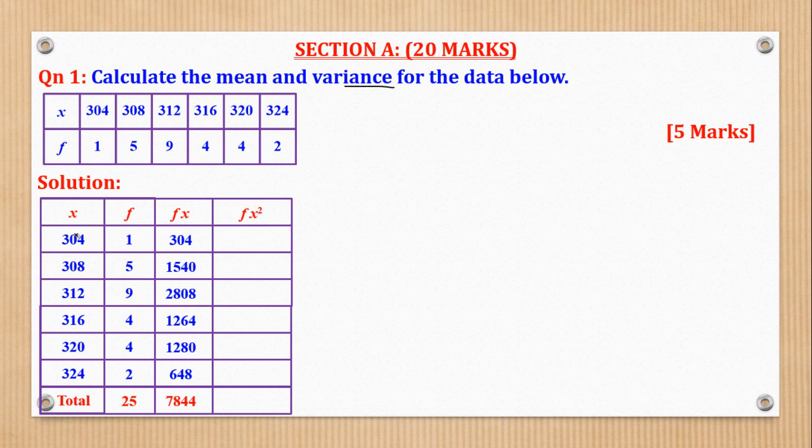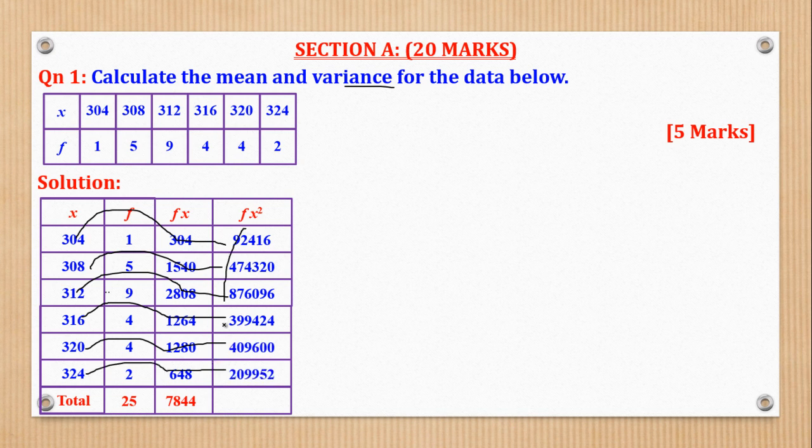Fx squared can be got by multiplying the corresponding values for each row, after which we add all of them.